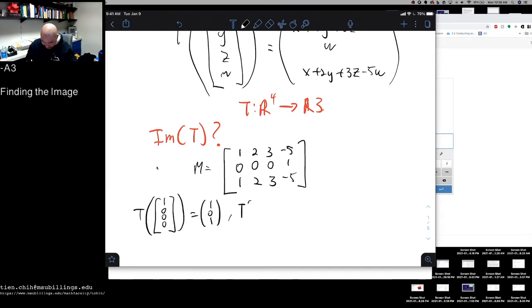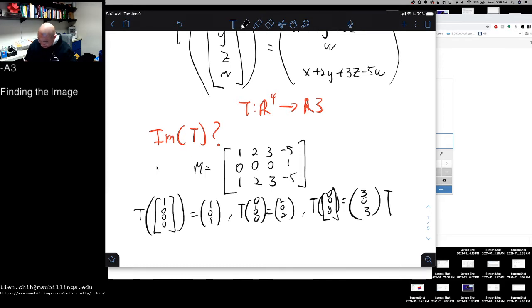And T of 0, 1, 0, 0 is going to be 2, 0, 2. T of 0, 0, 1, 0 is going to be 3, 0, 3. And finally, T of 0, 0, 0, 1 is going to be minus 5, 1, minus 5.